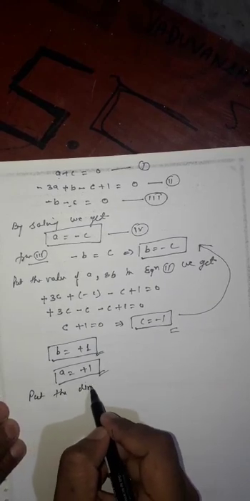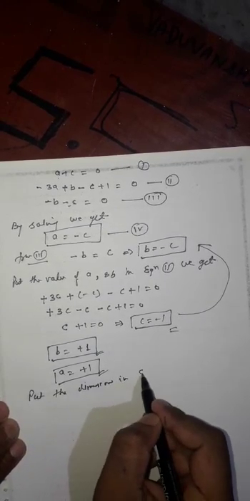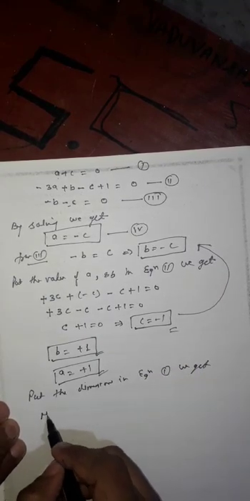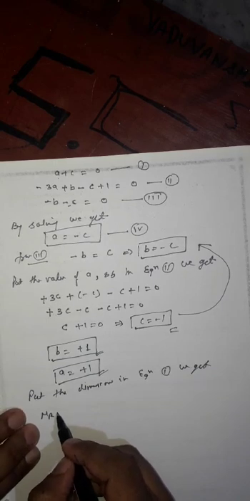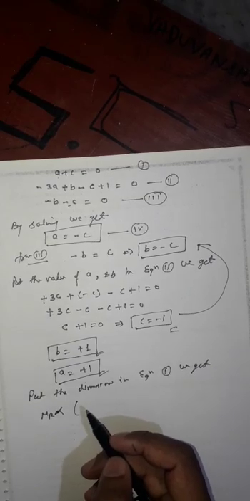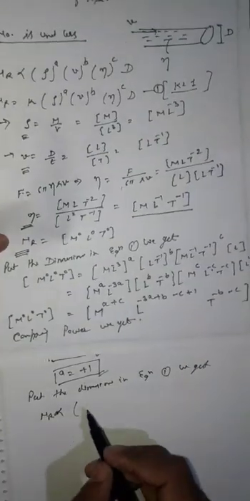Put these in equation first. The Reynolds number is proportional to density to the power a, velocity to the power b, eta to the power c, and d.